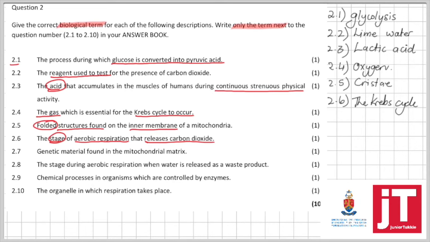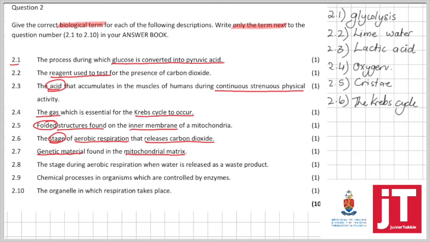Question 2.7. Genetic material found in the mitochondrial matrix. Working from grade 10 up to grade 11 and grade 12, you'll learn about genetic material, and particularly in grade 10 you looked at DNA and RNA, so you know it's either DNA or RNA.